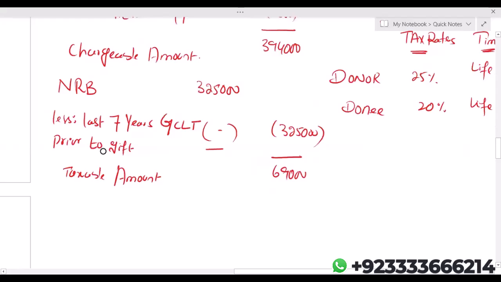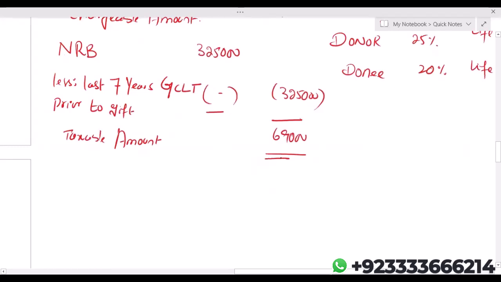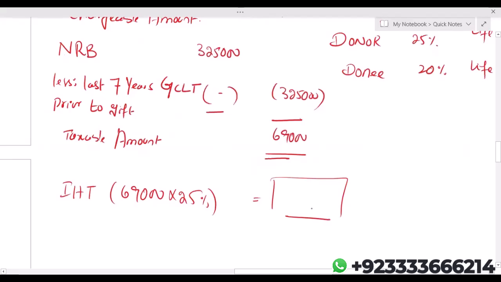Now, let's say nothing is mentioned. IHT, 69,000, I'll take 25% of this. IHT is 17,250.